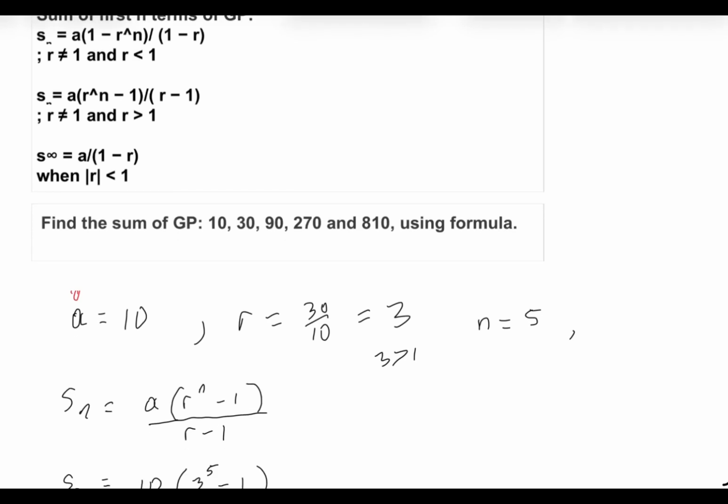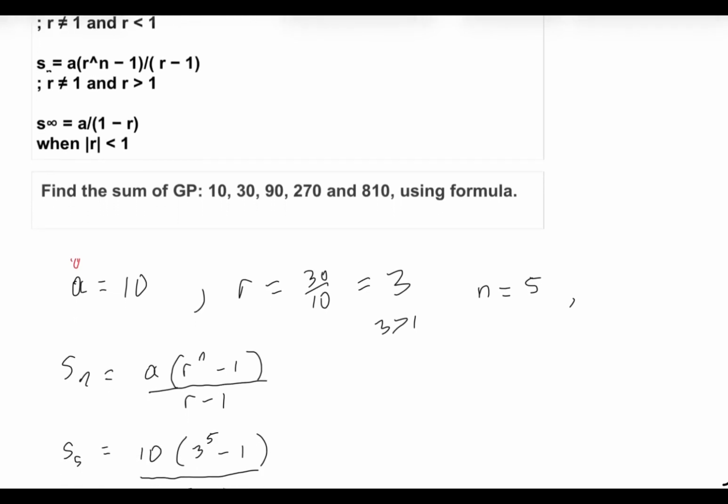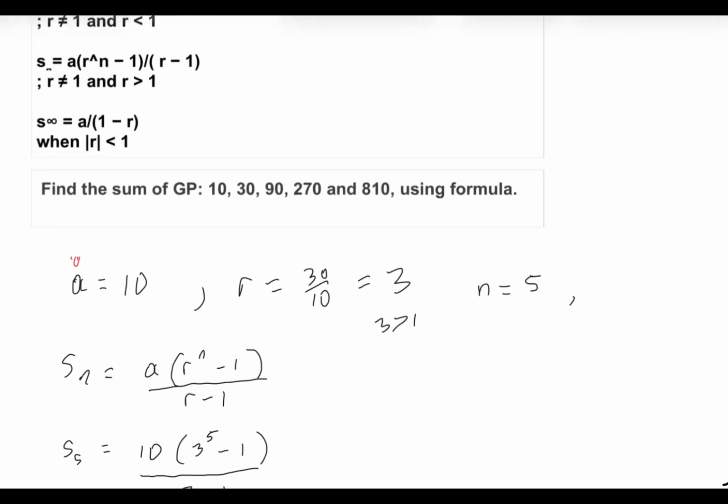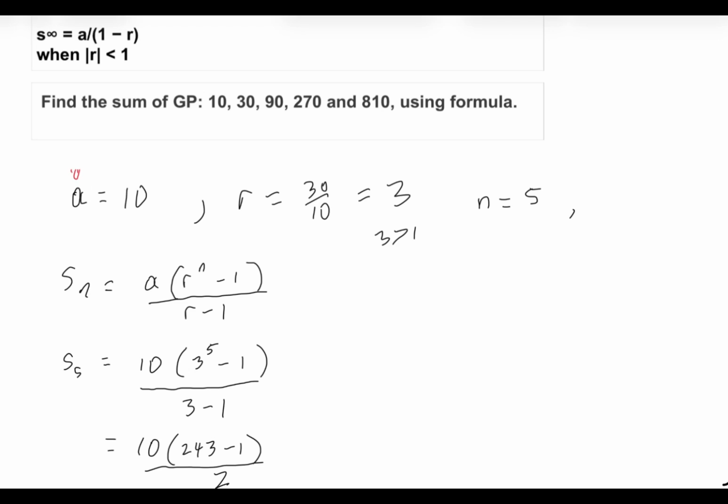So we use the formula S sub n is equal to a bracket r raised to the n minus 1 close bracket all over r minus 1. Plugging in the terms, S sub 5 is equal to 10 bracket 3 raised to the 5 minus 1 close bracket over 3 minus 1.